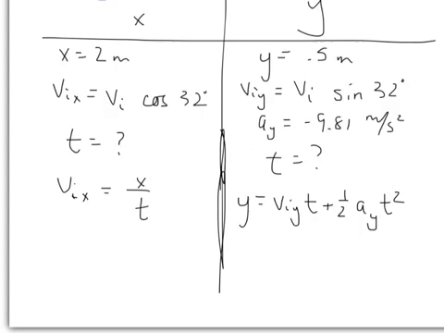So let's solve for time over on this left-hand side, because you clearly can't solve for time over here. Everybody see this? In the y direction, you cannot solve for time, so don't try it over here. Solve for time on the left-hand side. You get time equals x over VIX. Agreed? You remember you just flip-flop these?